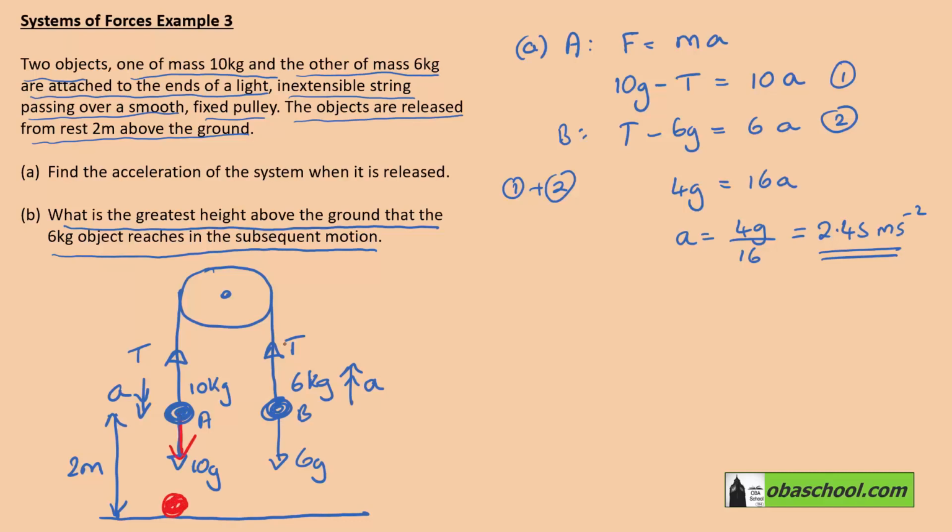This one will shoot up until this one hits the ground, at which point this one will be 4 meters above the ground and traveling upwards with some speed v. It will then continue to move under gravity because at this point the string will become slack. So what we really want to know at this point is v.